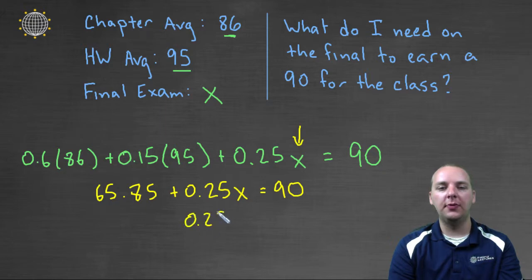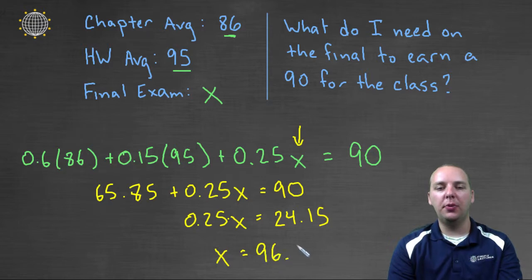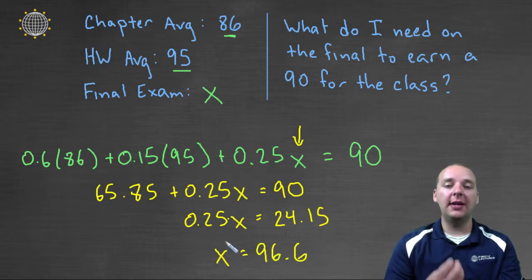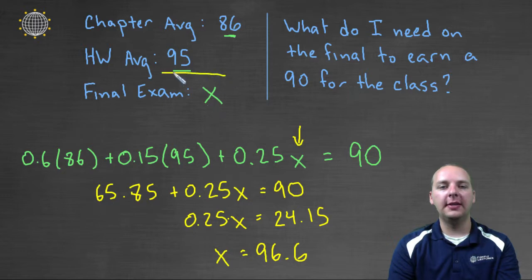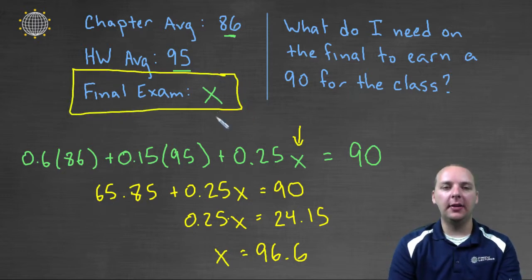We have 0.25X equals 24.15, and then to solve for X, I'm going to divide by this coefficient of 0.25. And so X would equal 96.6. So that's what I need to score on the final exam to earn a 90 for the class.